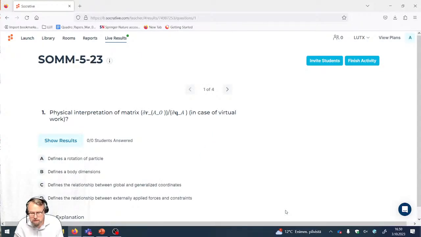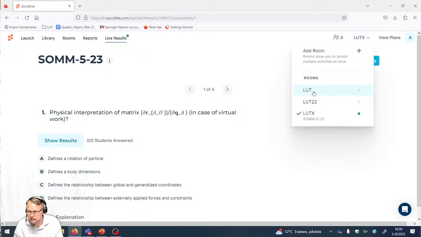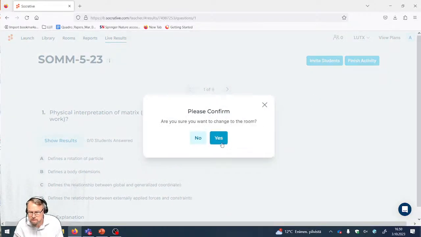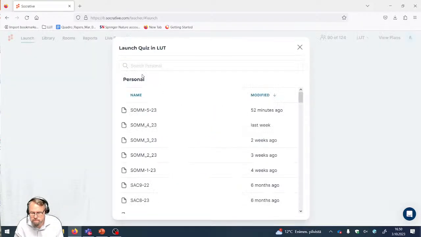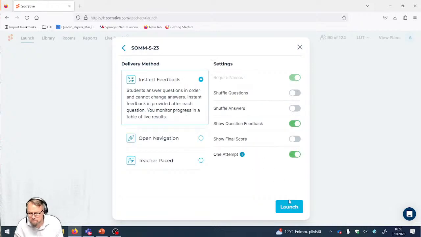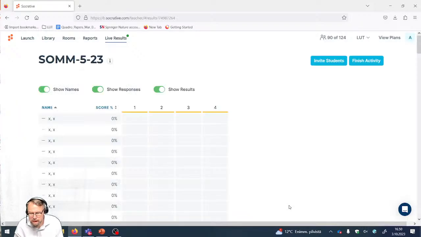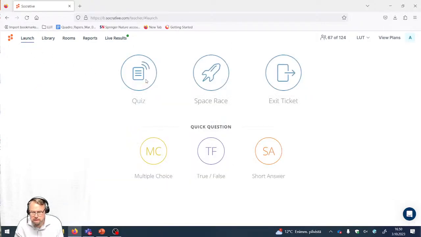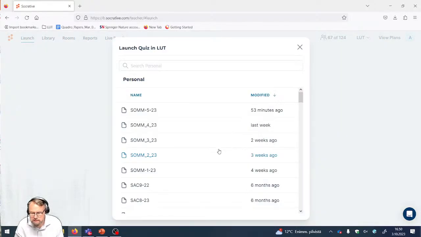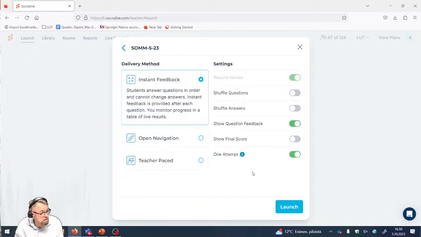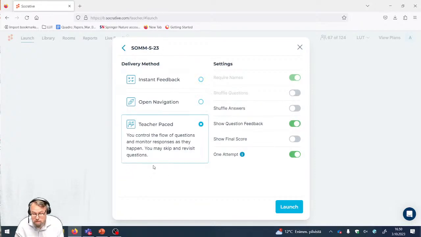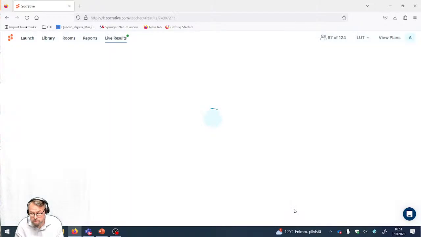Can you see it now? No. Oh, okay, sorry. Guys, I'm in the wrong room here. So I need to switch this one. No, not this one either. So I need to launch it. Launch, finish activity. You see it already. It will come again.